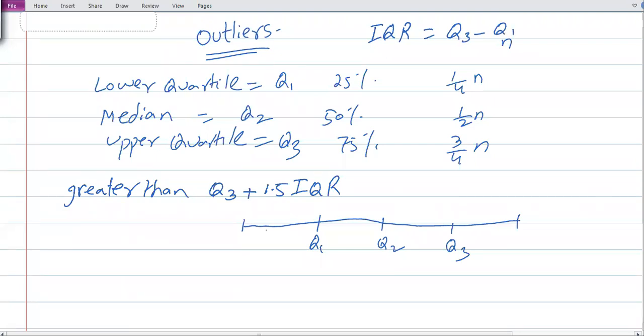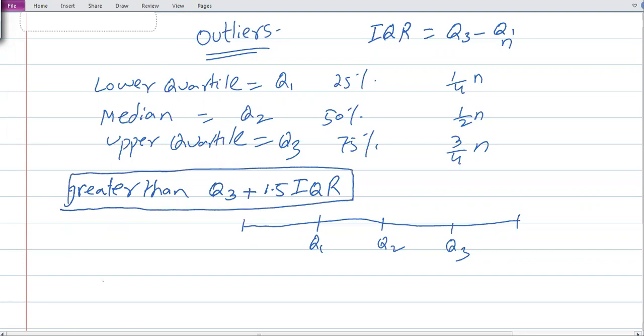It is always 1.5. A value greater than this one, if it belongs to the data, then we will call it an outlier, or it might be less than Q1 minus 1.5 times the interquartile range.